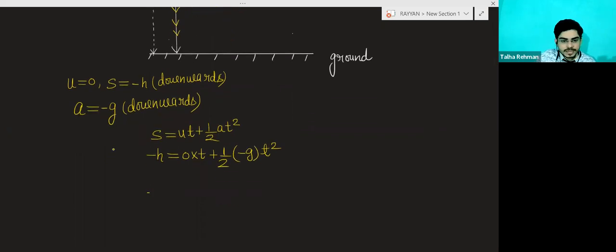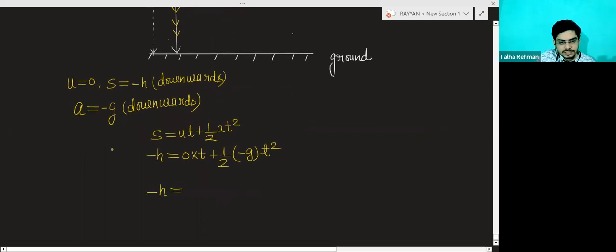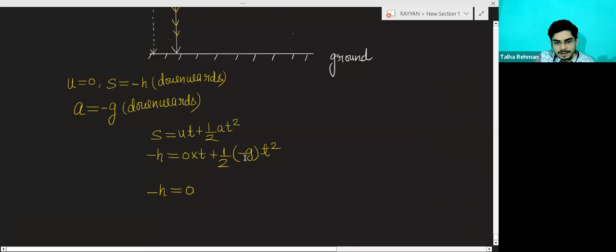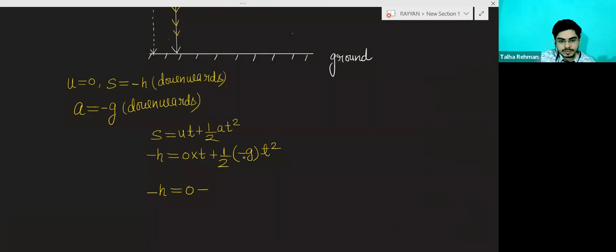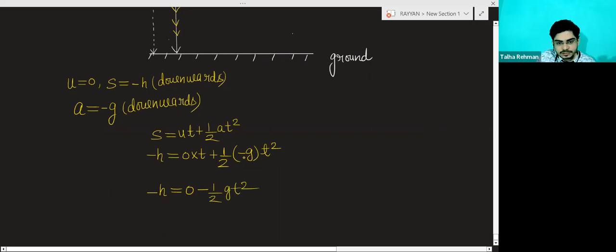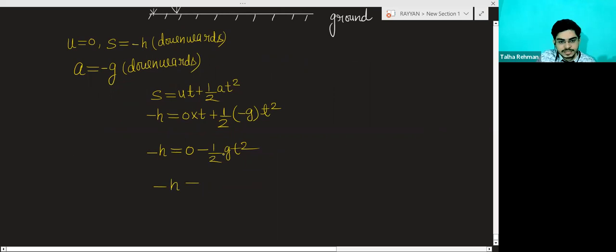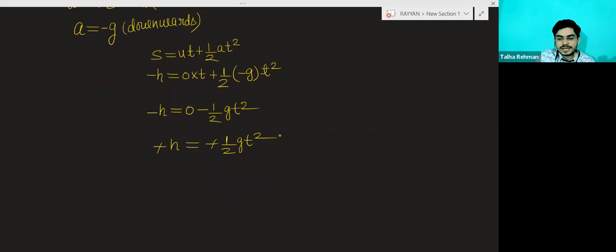So here this is minus h. The term u into t becomes 0, and you will have minus half g t square. So minus h is equal to minus half g t square. Now the minus and minus cancel out, so from here you can find the value of t.